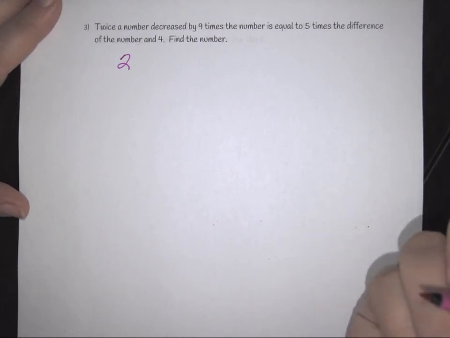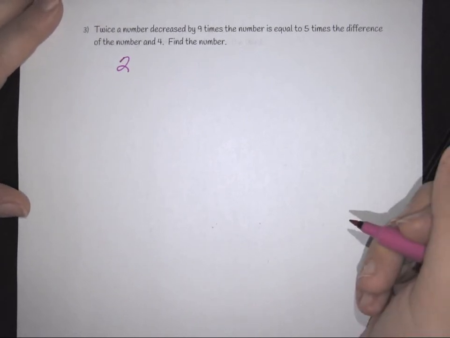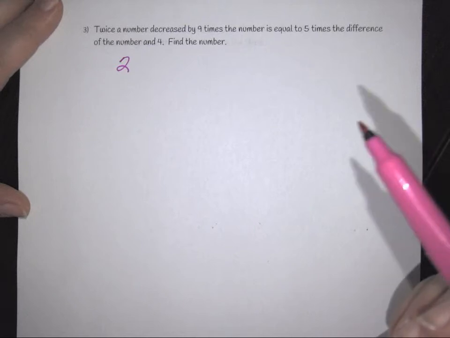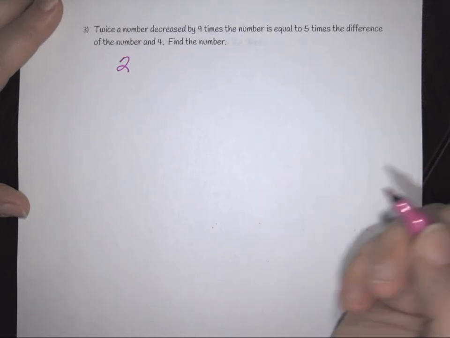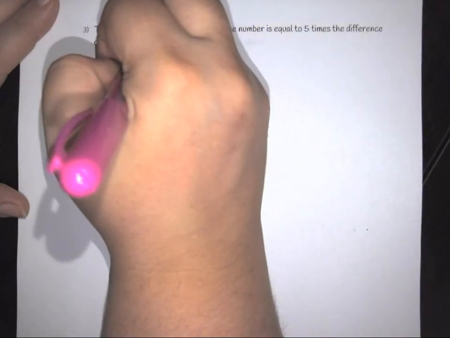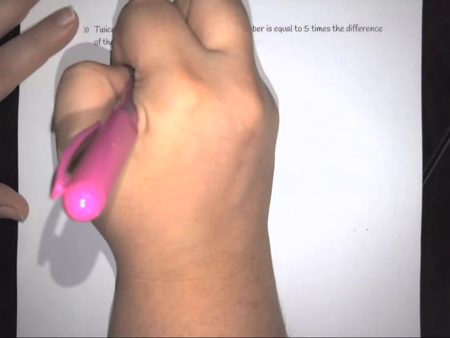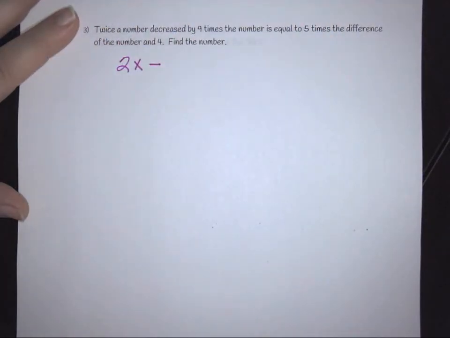Now you've got 26 letters in the alphabet, so unless you are told, feel free to be creative. However, most students choose X, so I'll go ahead and use that. So we have twice a number. Decreased means subtraction, so we have to subtract. And then I have 9 times the number.